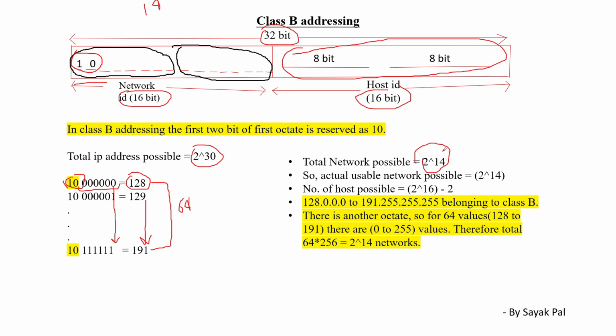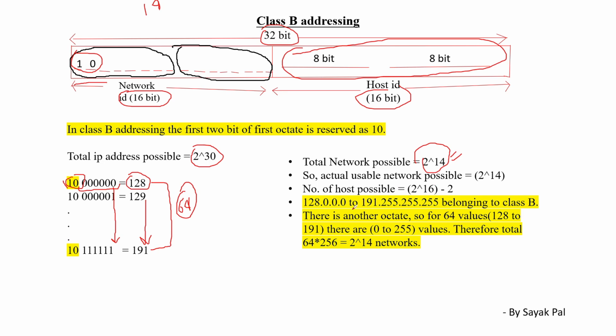So that's why 2 to the power 14 total networks are possible. But here this is 64. Why is this 64, and here it is written that 2 to the power 14 IDs are possible?